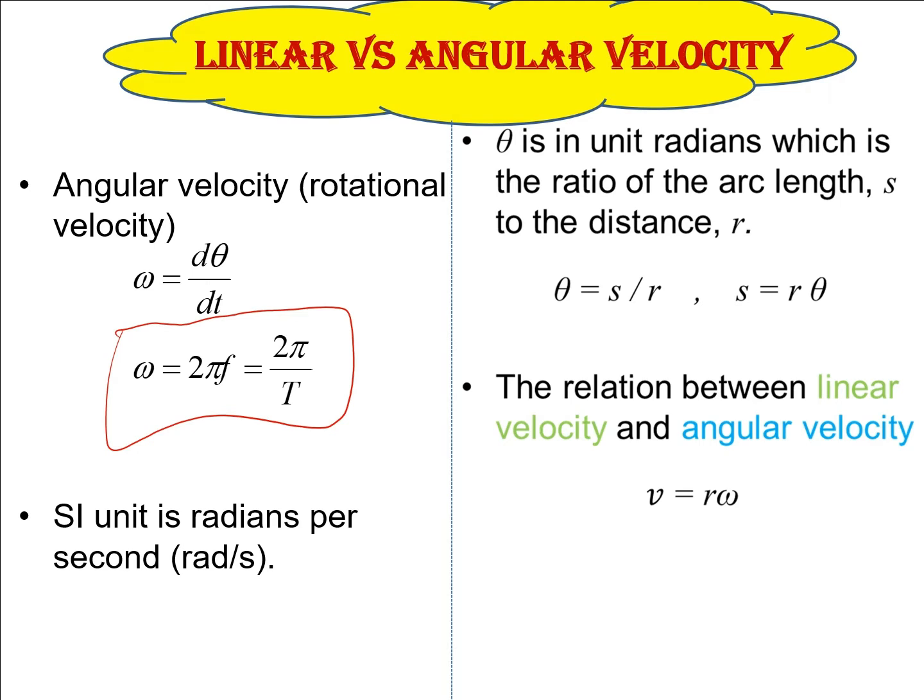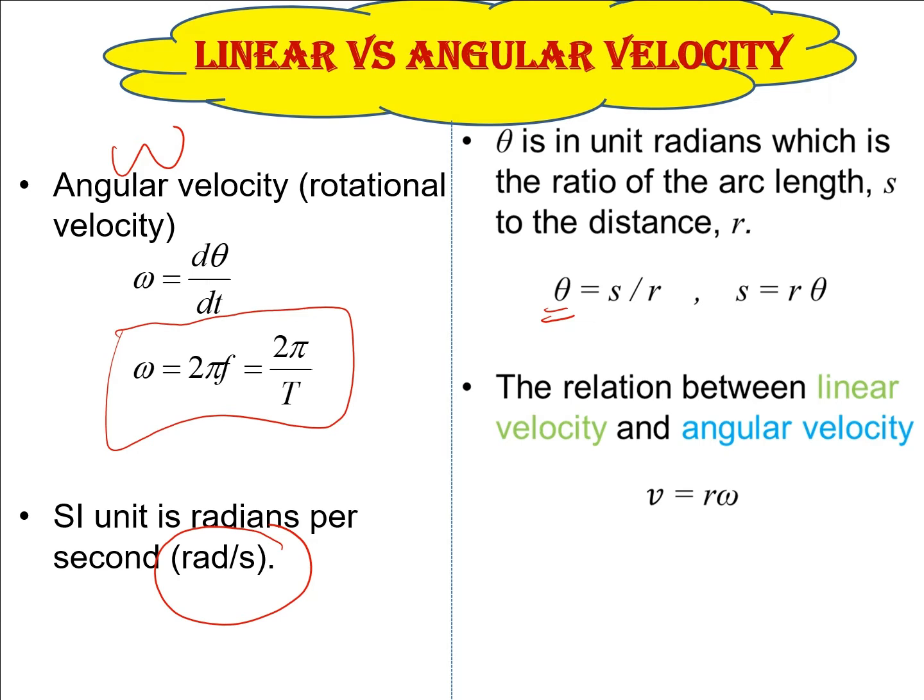So the unit for angular velocity ni is radian per second. Ini unit dia. Okay. Okay, theta ni pula is in unit radian. Okay, unit dia radian, which is the ratio of the arc length, okay, circumference dia lah, to the distance r.